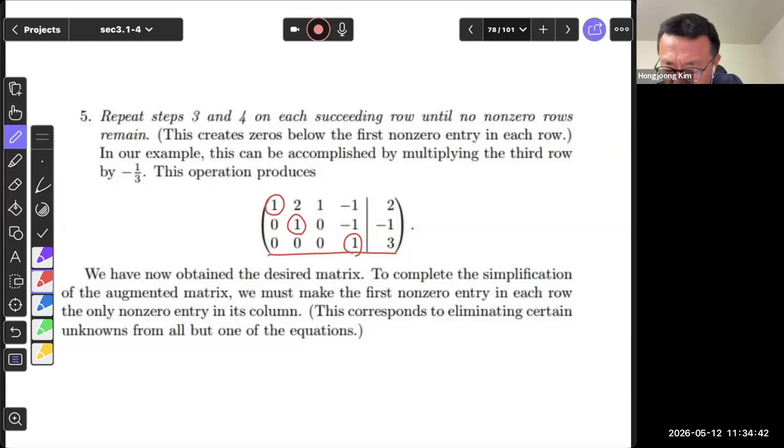Such a matrix will be called an upper triangular matrix.